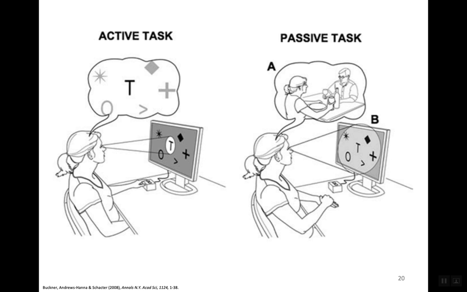However, this gets a bit more complicated because we don't really have control over mind wandering. This is something that is supposed to occur naturally. Hence, simply contrasting the levels of activation in response to an active task or just passive viewing might not be the best way to go about this.